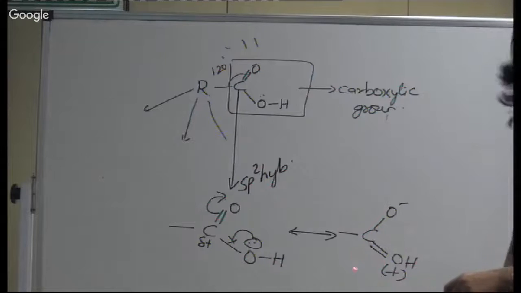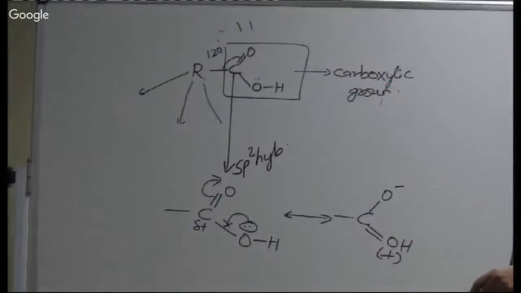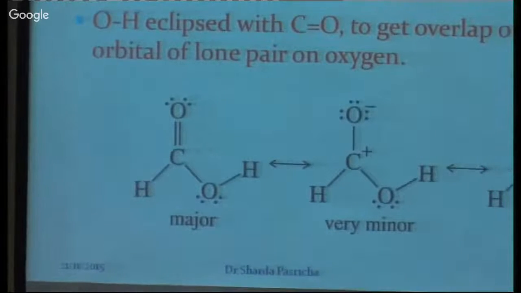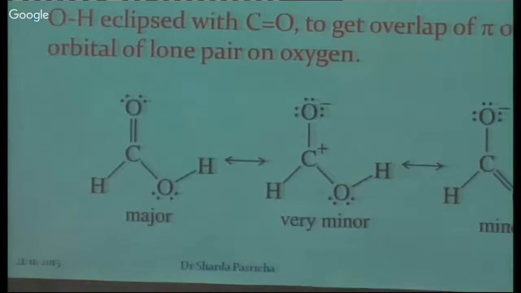You can see here how the lone pair has got delocalized. I have shown a formic acid example here, and the structure has been shown here. This structure is only showing the polarization of the carbonyl group because of the electronegativity difference between the carbon and the oxygen.